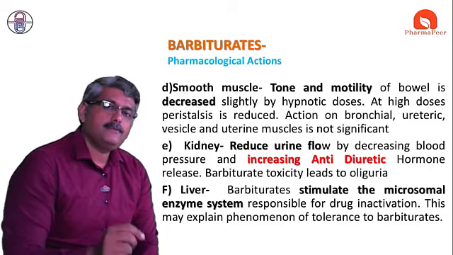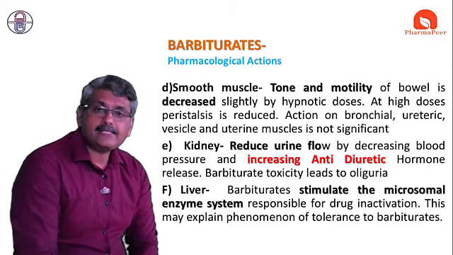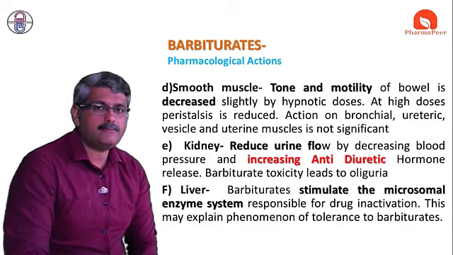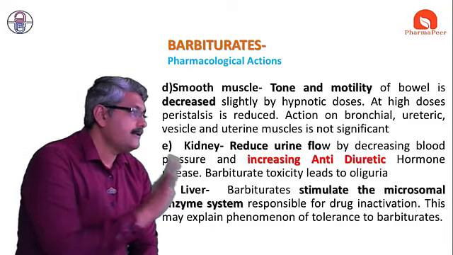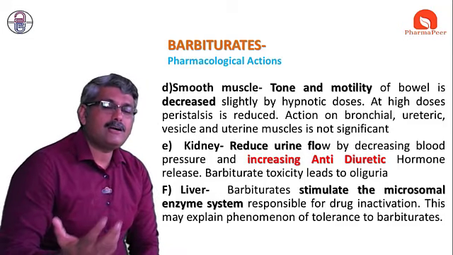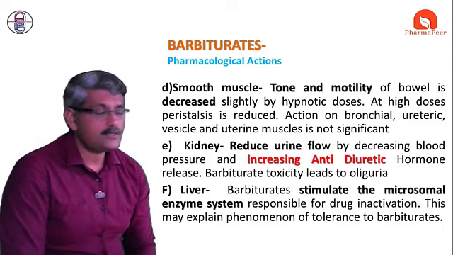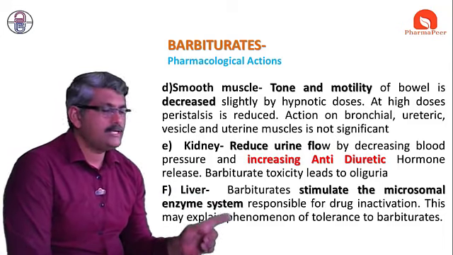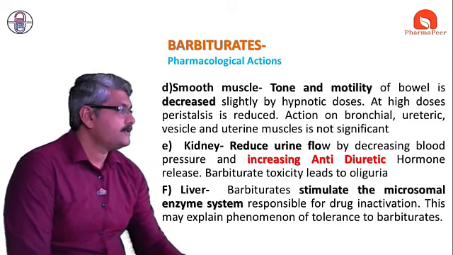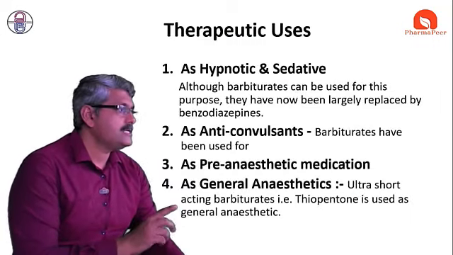Because liver activity is enhanced and microsomal activity is increased, so the 10 milligrams of drug is metabolized by this enzyme system and we do not get the effect. This is what we call tolerance. To overcome this tolerance, we again need a higher dose of the drug to get the effect. So this is the effect of barbiturates on these systems.